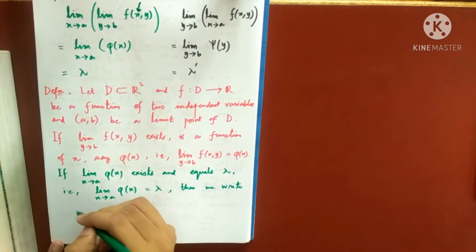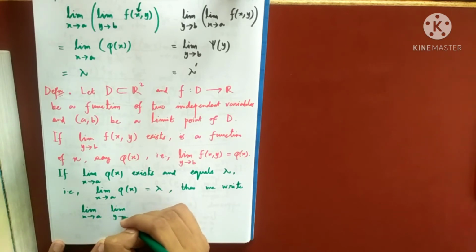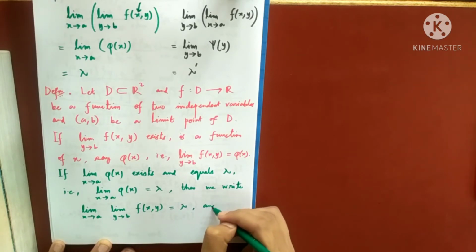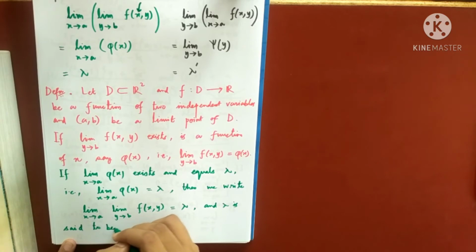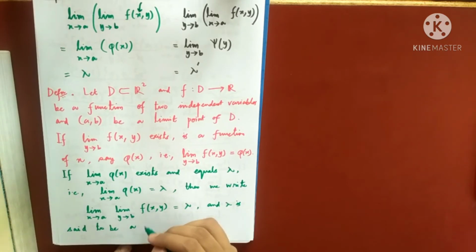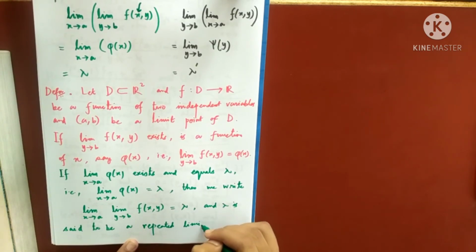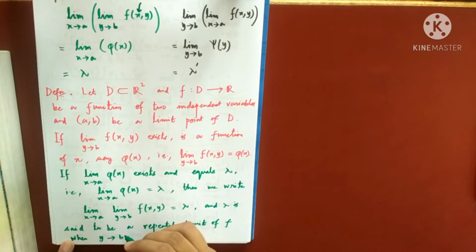Limit x tends to a, limit y tends to b, f of x comma y is lambda, and lambda is said to be a repeated limit of f, when y tends to b first.